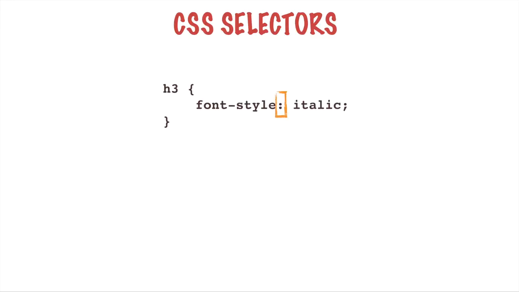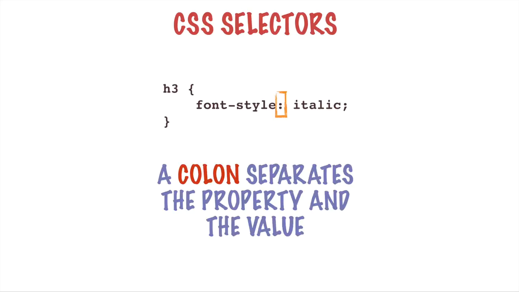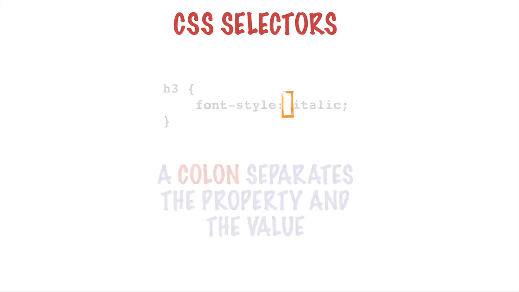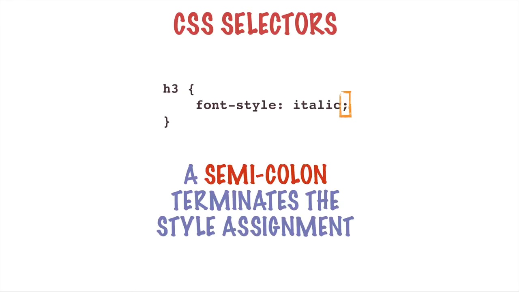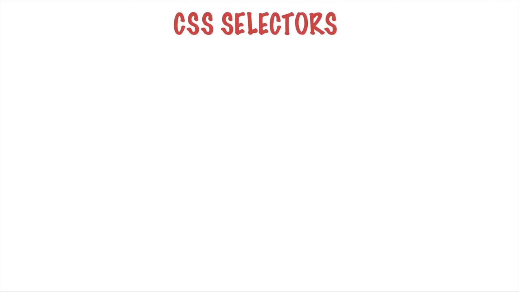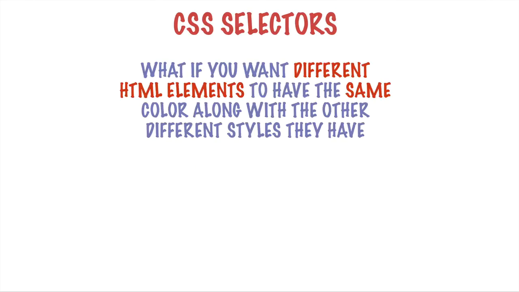There are also some additional little bits of syntax that you should be mindful of. A colon is used to separate the property from the value, and a semicolon is used to indicate that the style assignment has terminated. Remember the role of both the colon and the semicolon. Now the problem with specifying the selector as we just did is that the number of styles will proliferate.